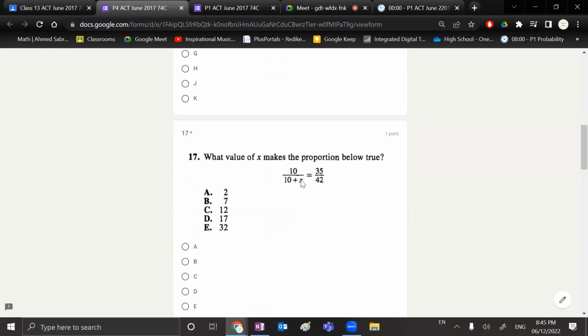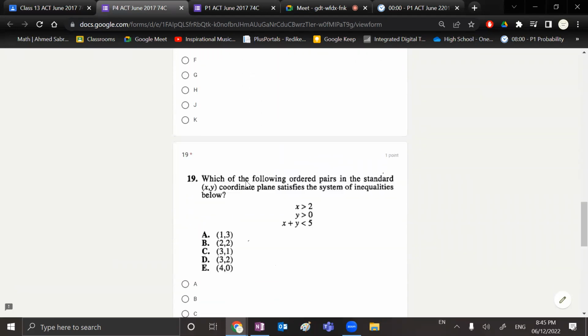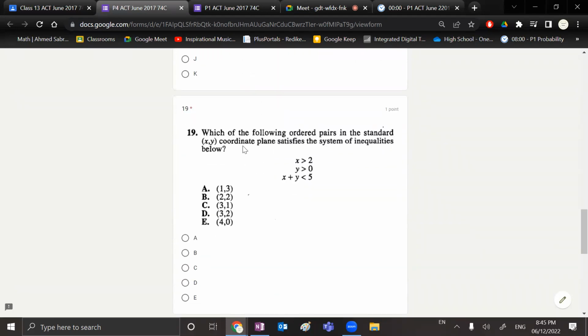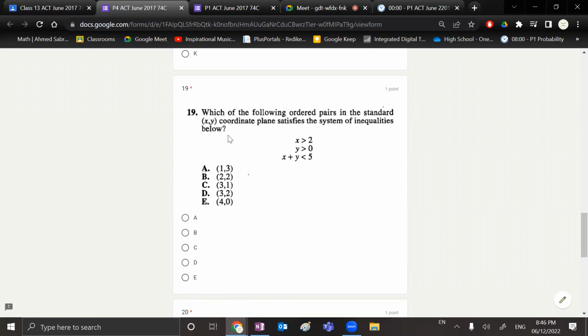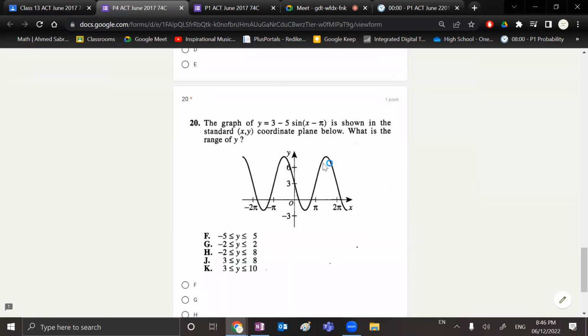And then what value of x makes this proportion below true? It's cross multiplication, it's an equation mainly. There are some areas here of shaded regions. There's an inequality or a system of inequalities and we're trying to find which point satisfies all equations below. There's a question here about the range of y, and I think you can easily think about this one and come up with an answer.